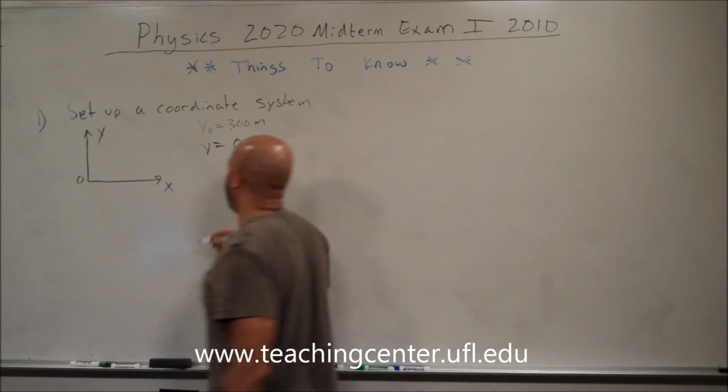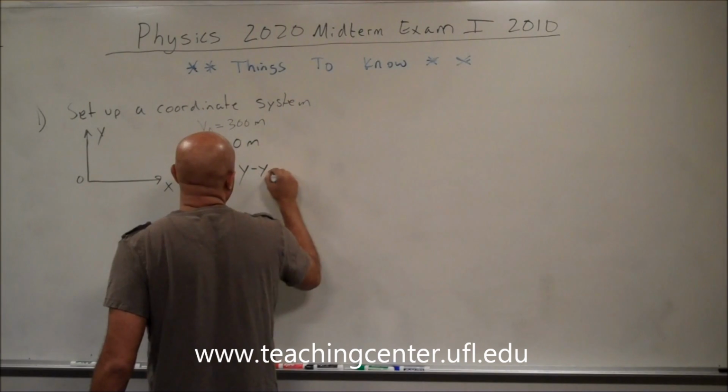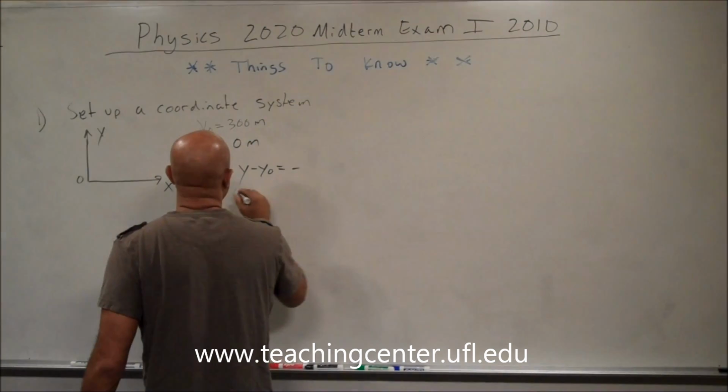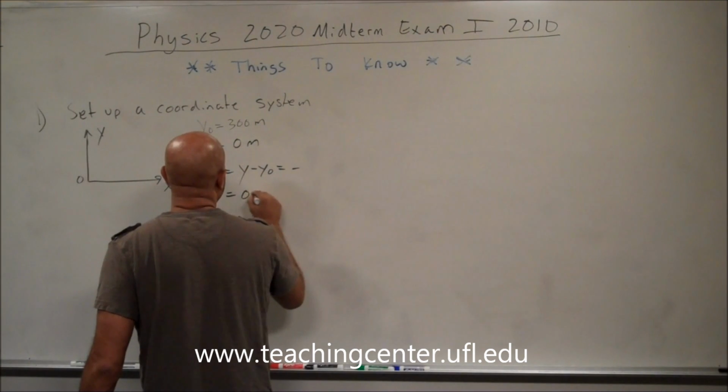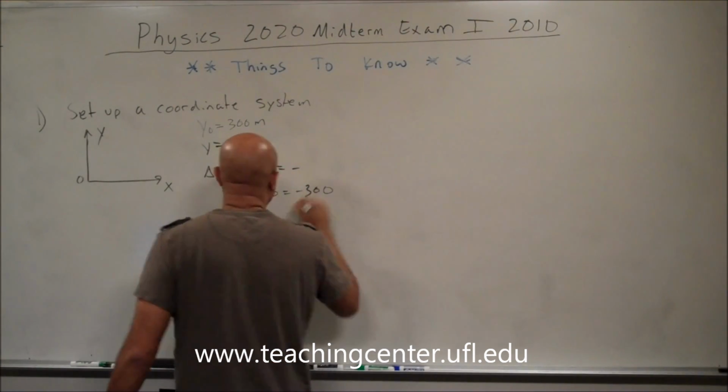So if I want to find delta y, which is the change in height, that's going to give me a negative value, right? Because I have the final minus the initial, which is going to be negative.